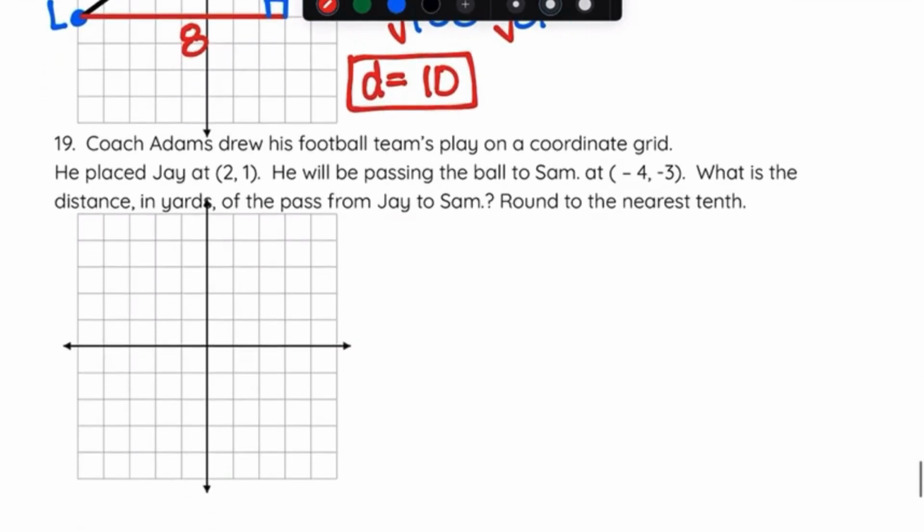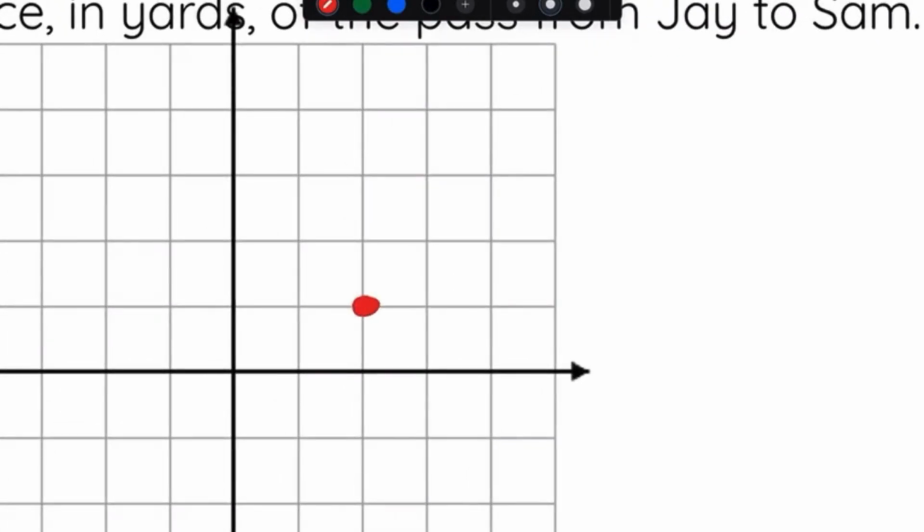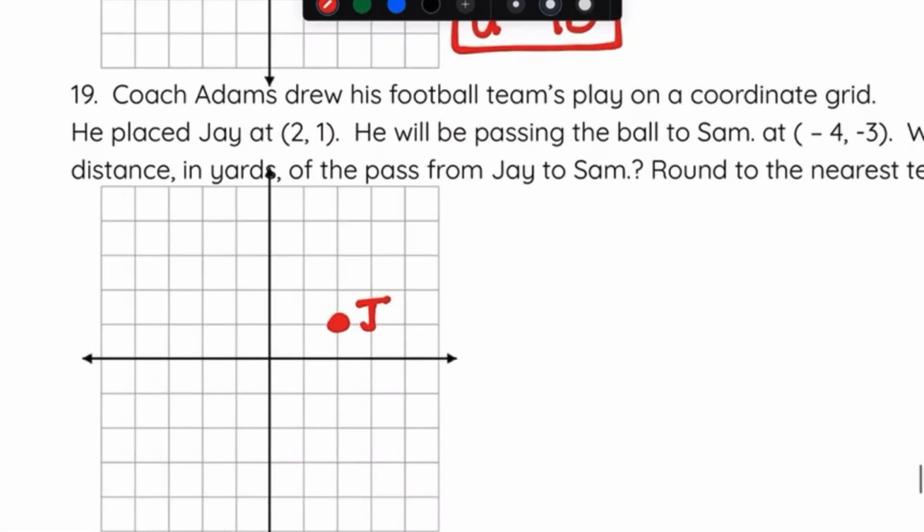Okay, number 19, Coach Adams drew his football team's play on a coordinate grid. He placed J at positive 2, 1, okay, 2 over and 1 up. So there's J, and he was passing the ball to Sam at negative 4, negative 3. So there is negative 4, negative 3. Again, be sure, 1, 2, 3, 4, 1, 2, 3, yep, and 2, 1.